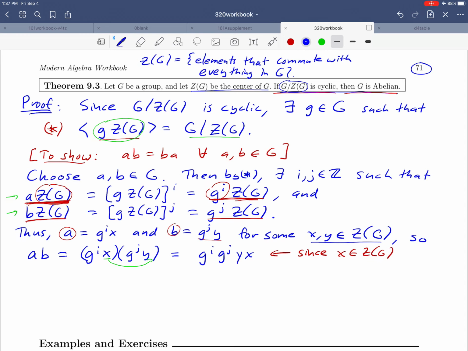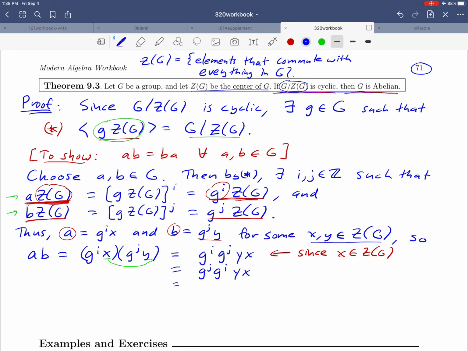All right, and then this is equal to that. All I did there was reverse the order of the g to the i and the g to the j. That's actually a property that's true in any group. You might remember talking about that way back near the beginning of the course.